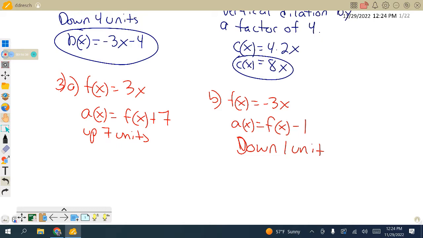There's only really 2 things you got to keep in mind. If it's a plus or minus at the end, it goes up and down. And as we're about to see today, when there's a number out front, it's going to either make it more steep or make it less steep. Those are the only 2 things you got to keep in mind. We just said transformed what? Up 7 units, and then the bottom we just did what? Down 1. Okay?